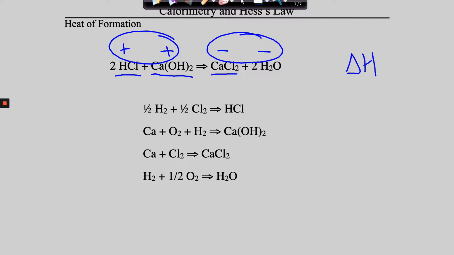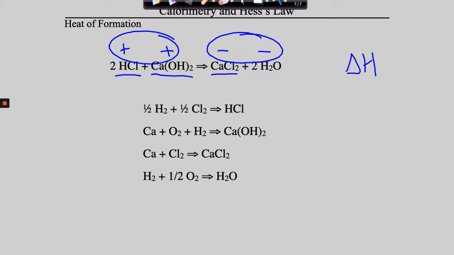Yes? Where can we find the heats involved in these reactions? What do we call the energy involved in the heats of these reactions? Heats of formation. You making the connection?